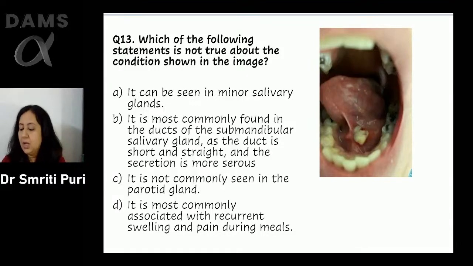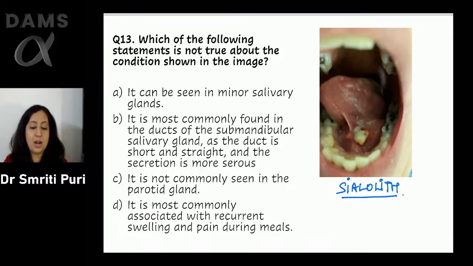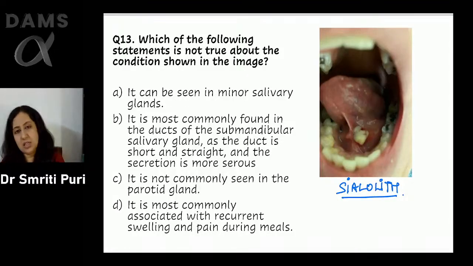Okay, let's see. So what do you see in the image? You see a stone, right, which is present at the duct orifice. So this is a sialolith. The question is asking you to identify the correct statement regarding a sialolith. Fine. So it can be seen in minor salivary glands. Yes, this is correct. Salivary stones can be present in major and minor salivary glands both.